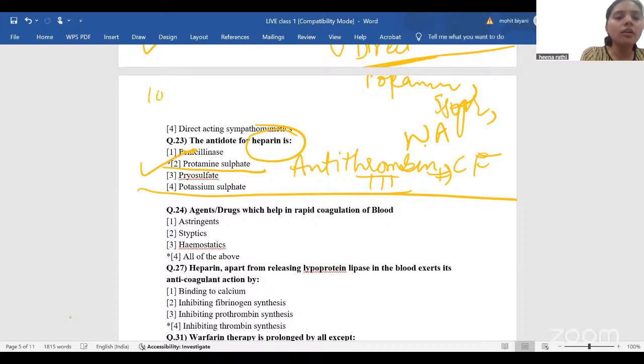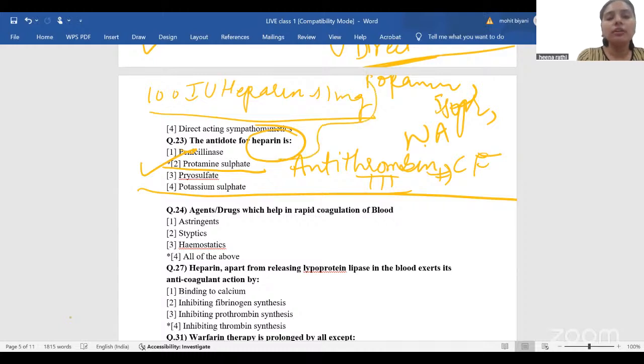When 100 international units of heparin are given, then 1 milligram of the protamine is sufficient. Why am I giving these international units? Because heparin is a drug which is not given orally. It is always given parenterally.